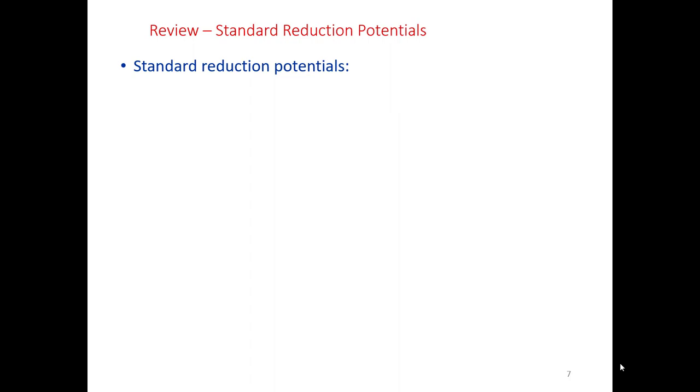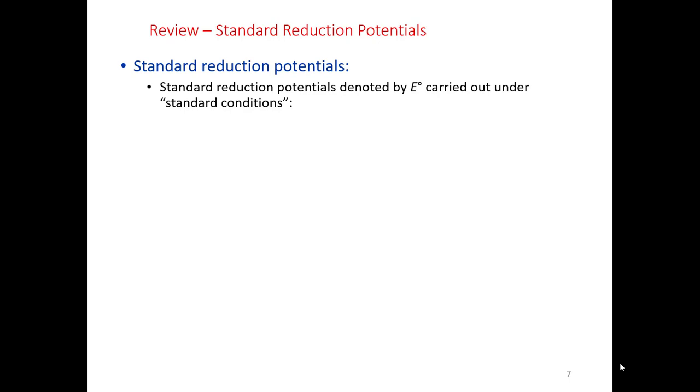More often than not, you will encounter standard reduction potentials. These values are denoted by E0 and reflect values obtained under standard conditions. These standard conditions are somewhat arbitrarily defined, but they are linked to the reference used for all standard reduction potentials, which you will see in the next slide.